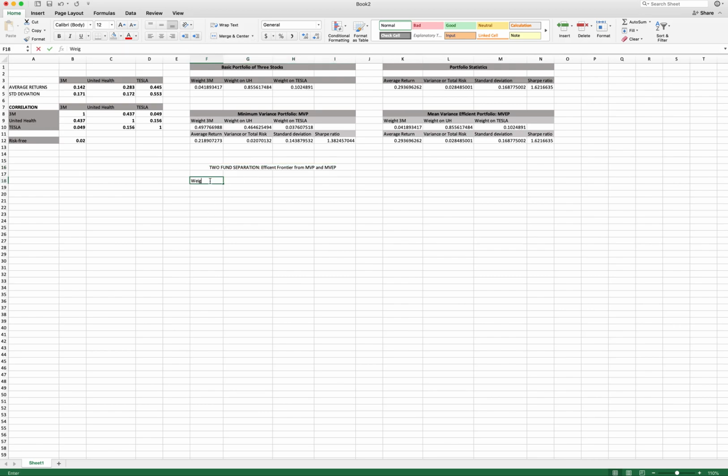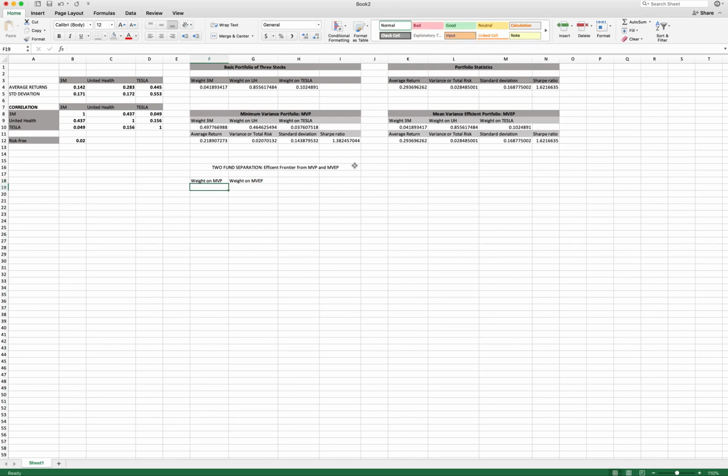I can do weight on MVP, weight on MVEP, and then return, the average return, variance, standard deviation.